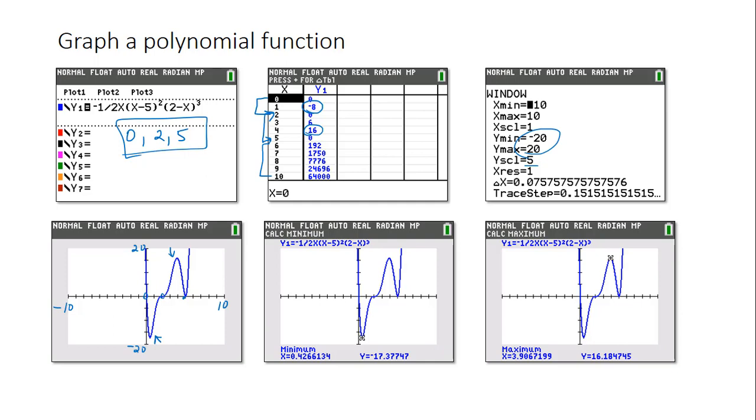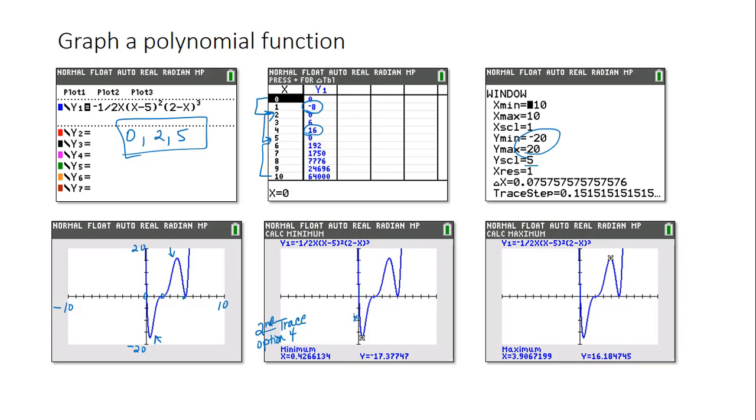This is where I had to invoke the calculator function of maximum and minimum. For the minimum, I had to do the second trace and choose option 4, which is minimum. And recall that to do the minimum, I had to enter a left bound, a right bound, and then a guess.